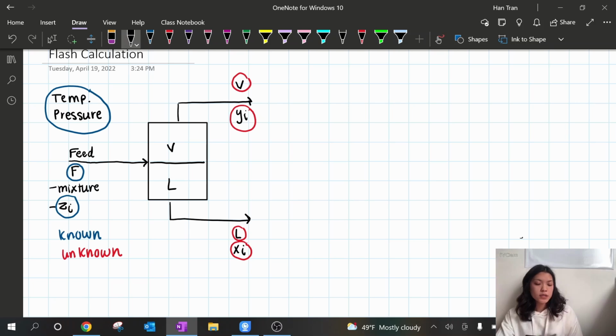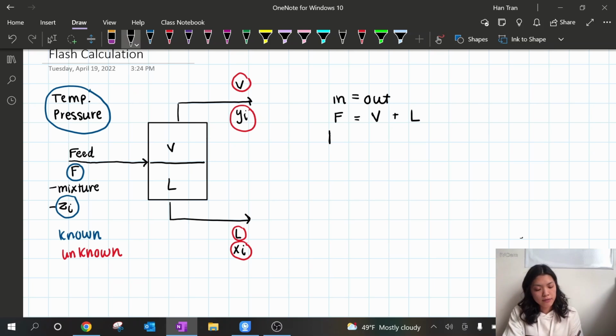And so first, if we take a look at just the mass balance aspect of it, what goes in has to equal what is coming out. And so going in, there's the feed, and coming out, there's the vapor and the liquid. So the feed equals the vapor plus the liquid. And then each of those components, the feed, the vapor, and the liquid, they all have a mole fraction for that specific component of the mixture.